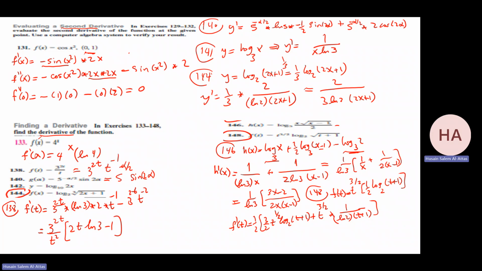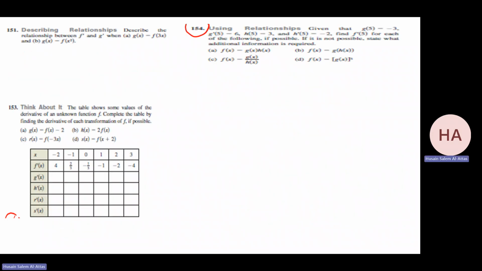Here, do we have ln? No. Okay. Now, describe the relation between f prime and g prime when f equals this and g equals this. A, if g of x equals f of 3x, what will be g prime?